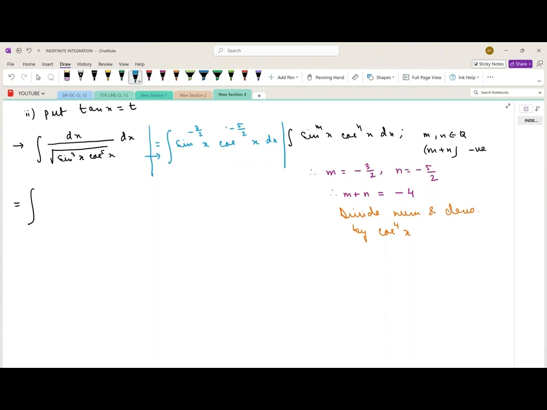Suppose this is the integration, the blue one. I've rewritten the integral. So now if I divide it by, let me erase this portion and delete with this blue color. Okay, fine.